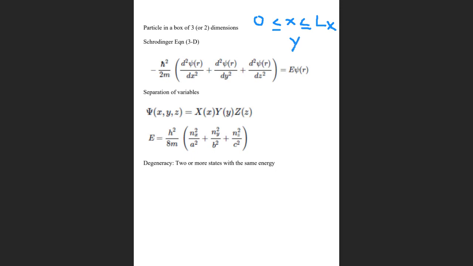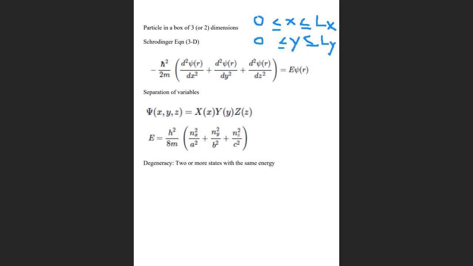And if you want to add a variable, you add a variable y, and you trap that between 0 and Ly.